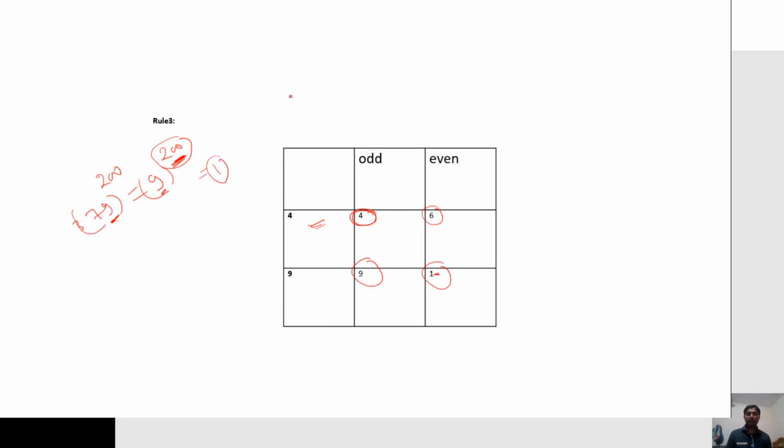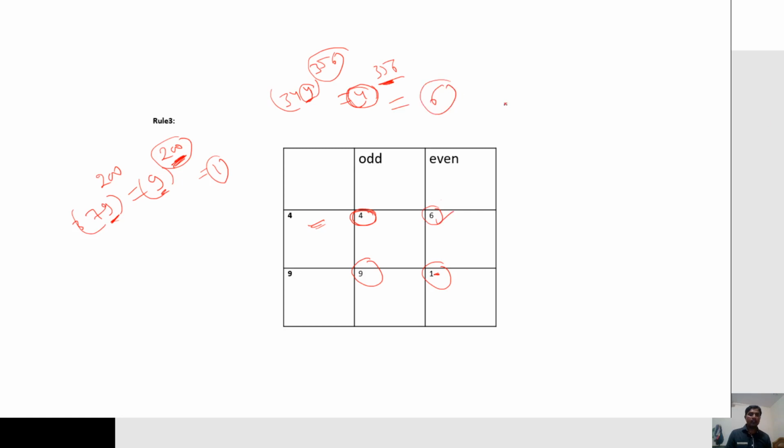And next, 344 to the power 356. The unit place is 4 and the power is even, so 4 to the power 356 gives unit digit 6.